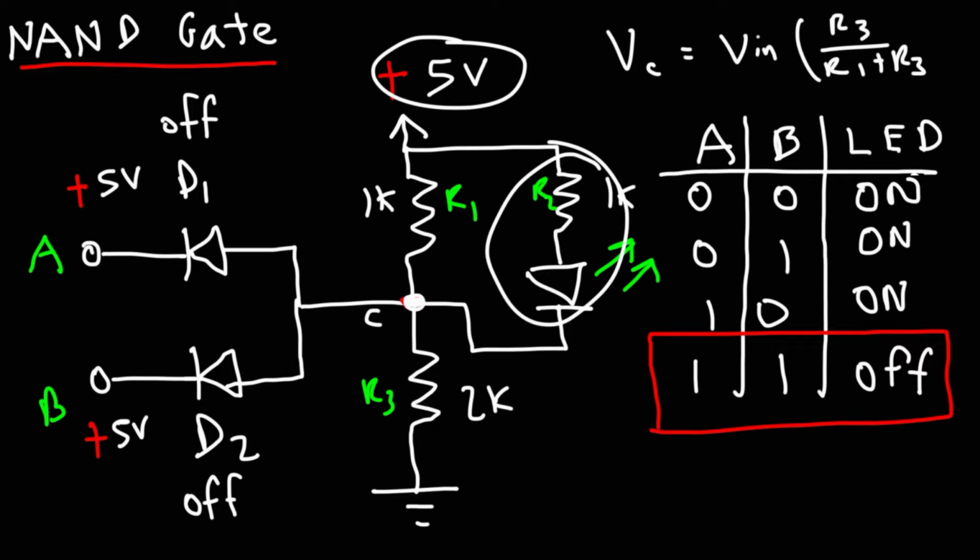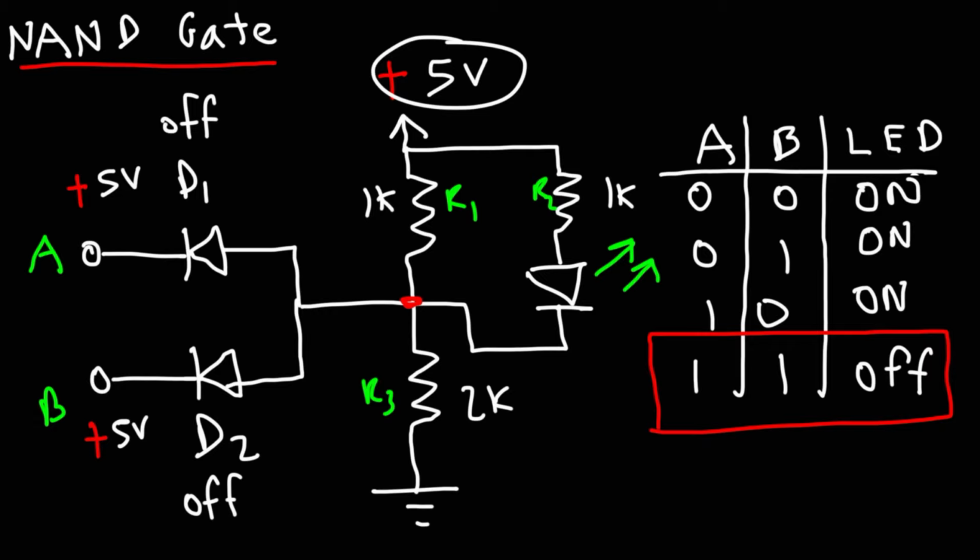So it's 2/3 of 5 volts. 1/3 of 5 volts is 1.67 volts. So 2/3 of 5 volts, that's 3.33. So this will be set to 3.33, this will be 5 volts when these two are set to 5.